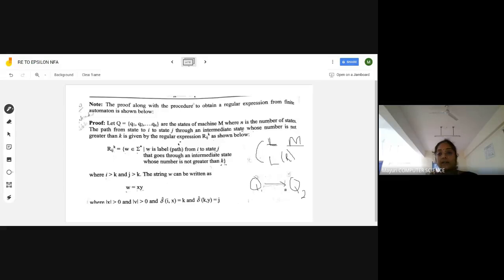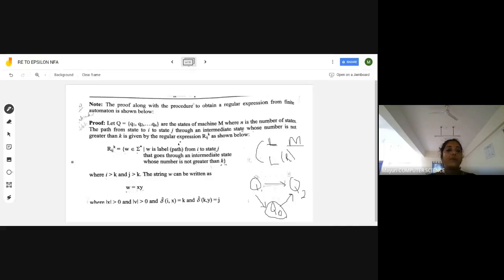You can directly travel, or in between anything. Suppose you have a state called Q0 here. I can go from Q1 to Q0, then from Q0 to Q2, right? So this is called the intermediate state. I can travel from Q1 to Q2 either directly, or I can travel from Q1 to Q2 through Q0, right?